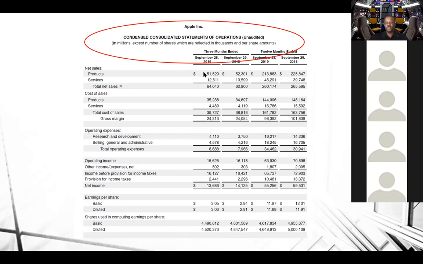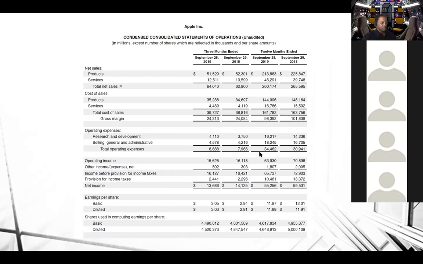Real quick, does anyone know when Apple's fiscal year end is? September. September? It's not September 30th, because for 29th, and here they're showing September 28th.